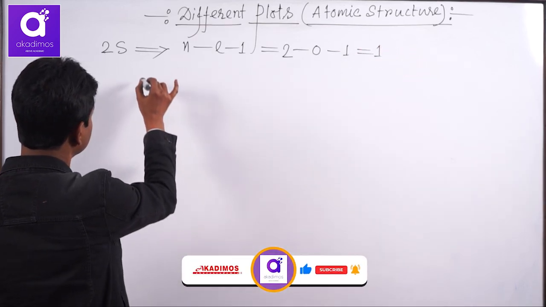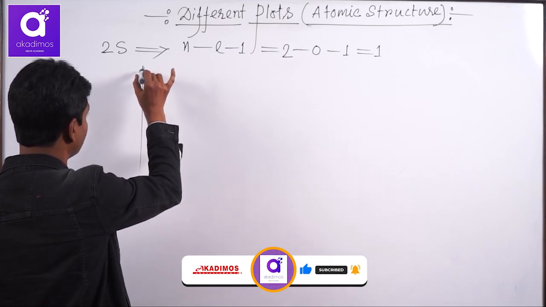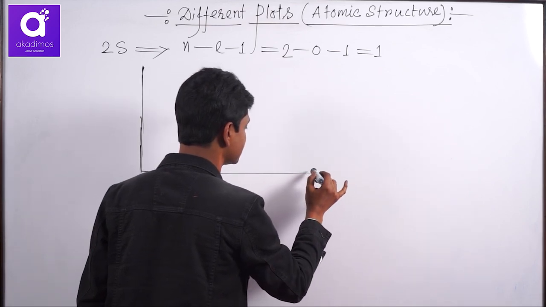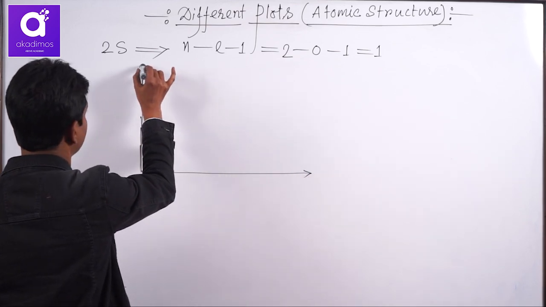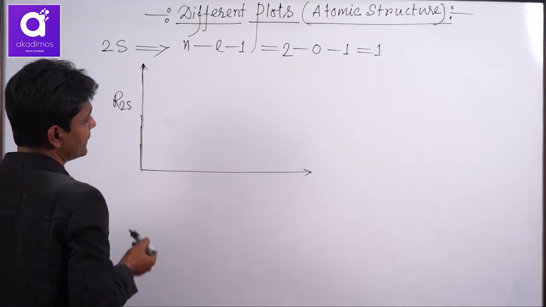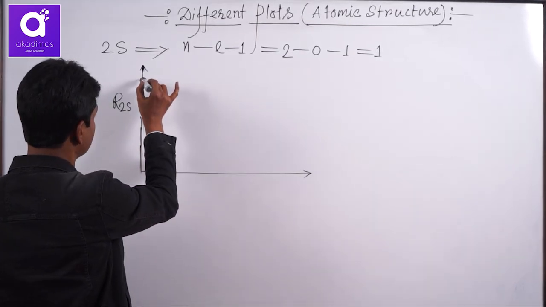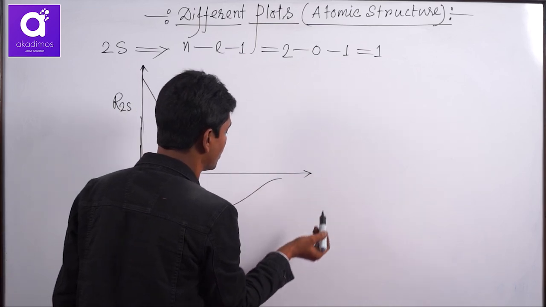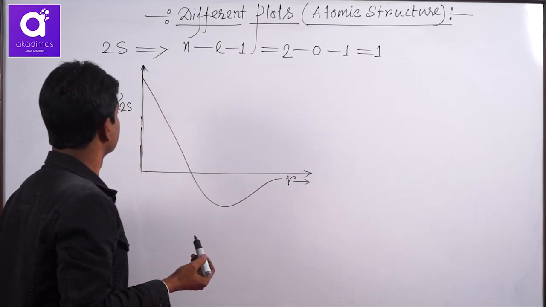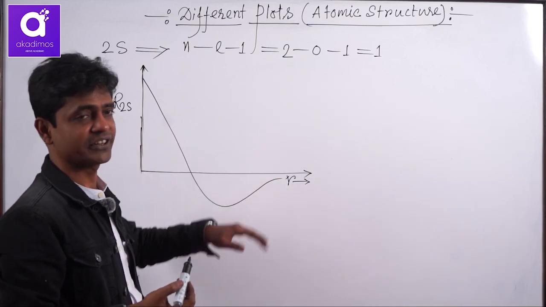If I plot radial wave function versus radius, which I already discussed in my first class of this part of atomic structure, 2s is maximum at the origin, there is 1 node, and this is the plot of radial wave function versus radius.